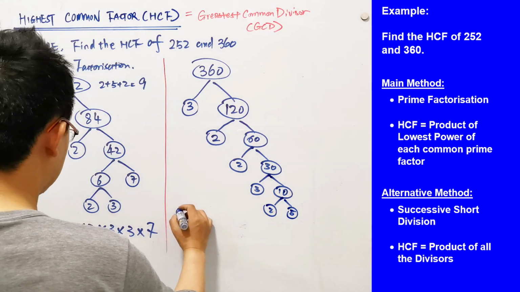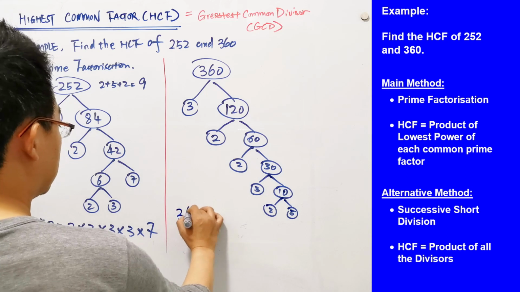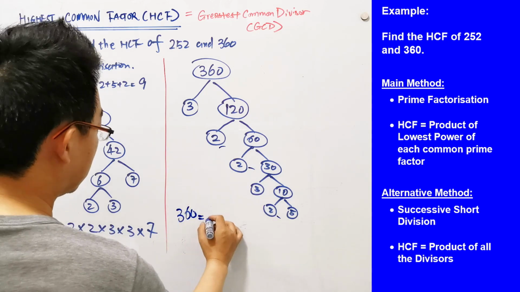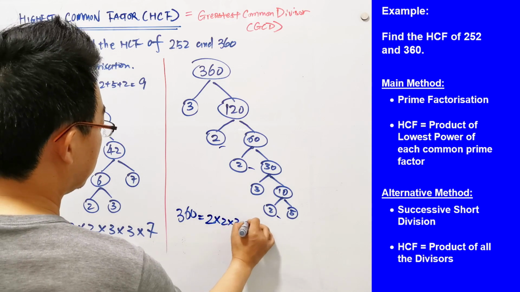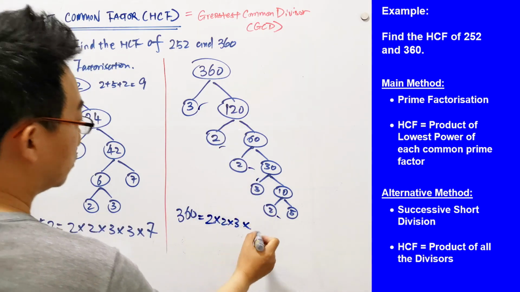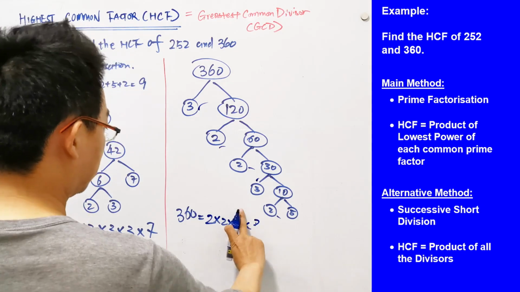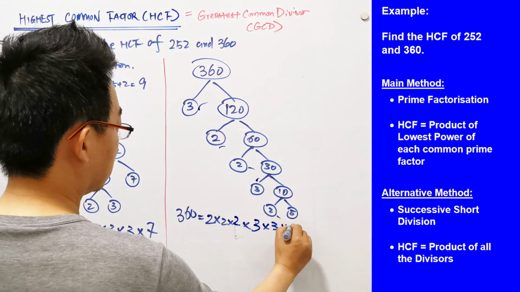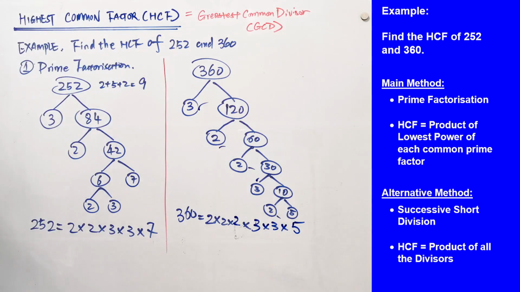Okay, so what is 360 equal to? We have 2 times 2 times 2 times 3 times 3 times 5. Okay, is that correct?